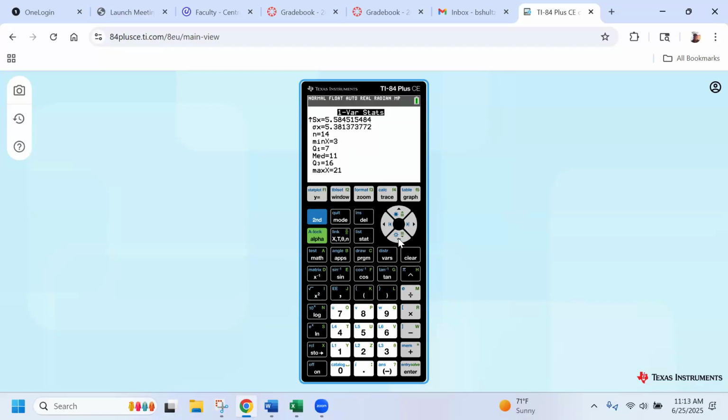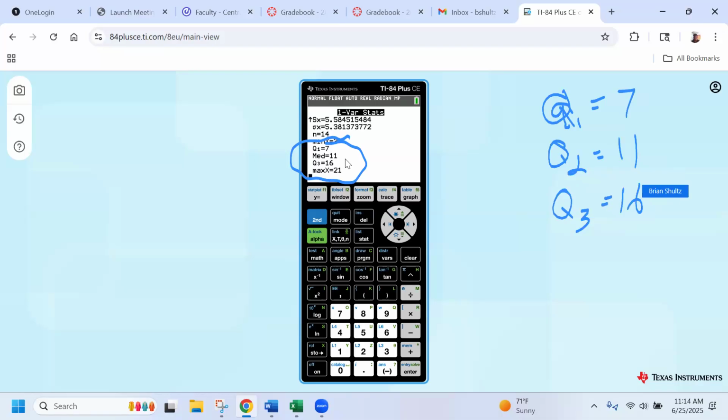So there is the information we are looking for right there. Q1 is 7, Q2, or the median, is 11, and Q3 is 16. So that's how you find your quartiles.